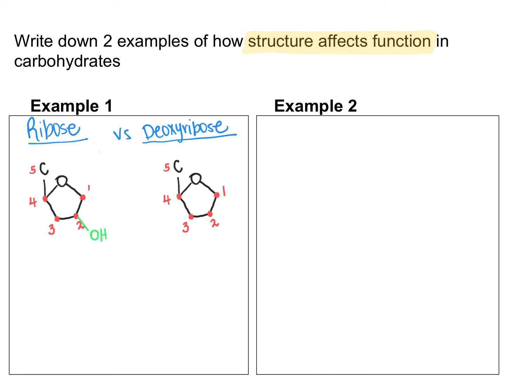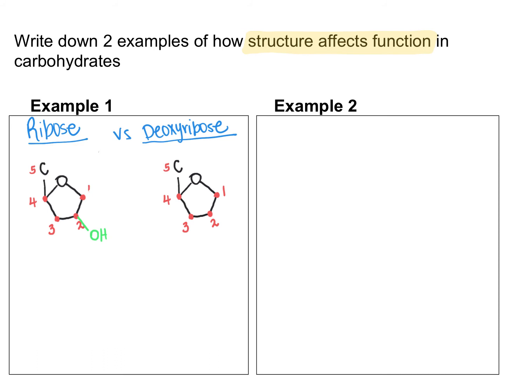So for example, DNA is the genetic information of the cell, but RNA is used only in the production of proteins. And because of this hydroxyl group, because of the structural differences, ribose and deoxyribose in living organisms behave differently.